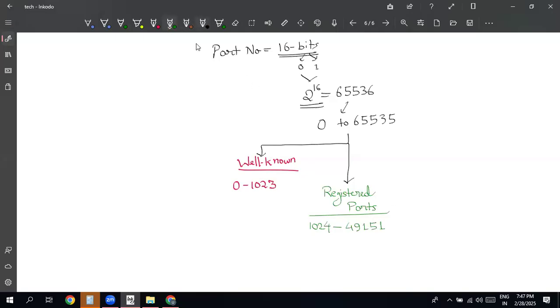After registered ports, there is another category, which is called the dynamic port range or ephemeral ports. This port range starts from 49152 and ends at 65535.